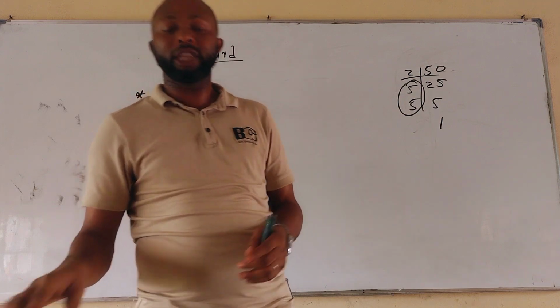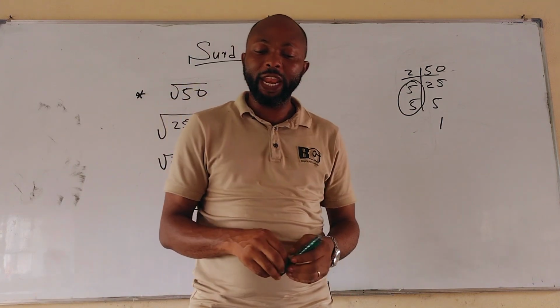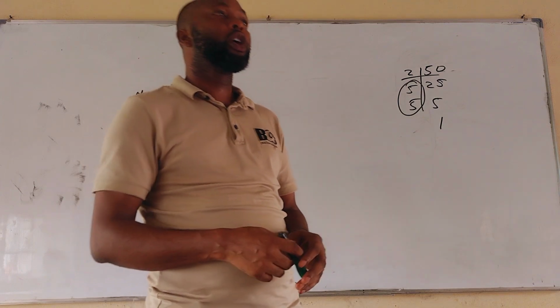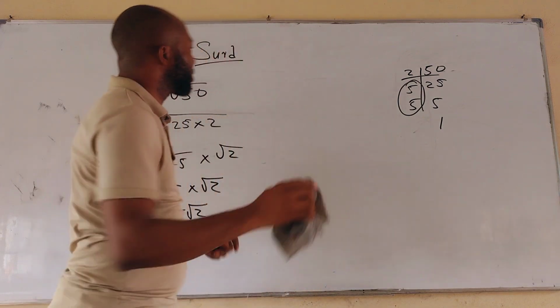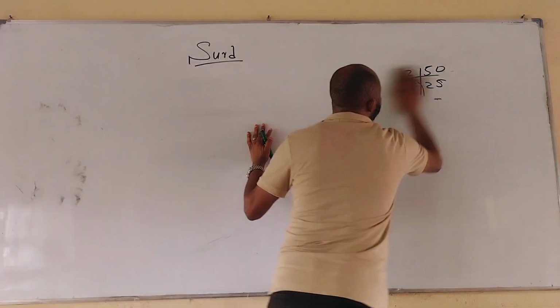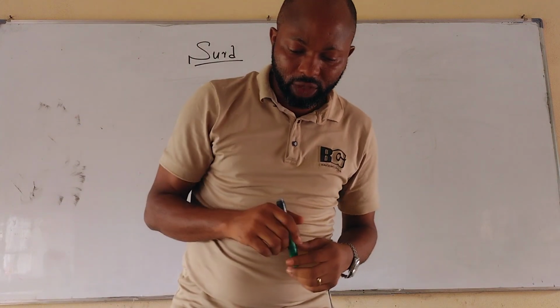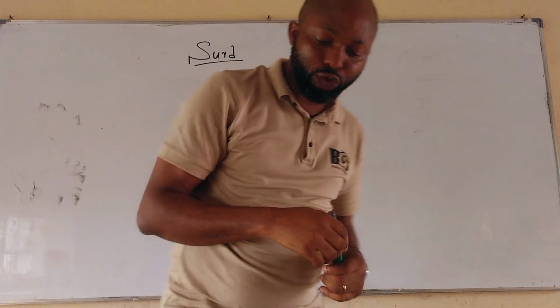Now, the next one, we're done with simplification. Express the following as a single surd. To express a surd as a single surd, let me break it down. Let's take one so that I can explain. We have 2 root 5.